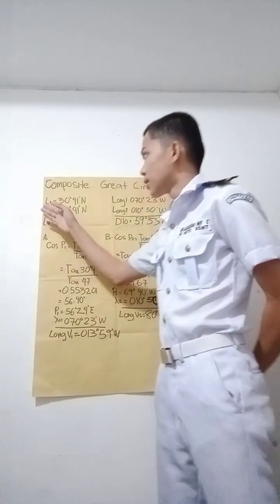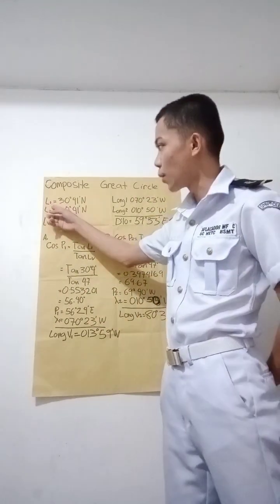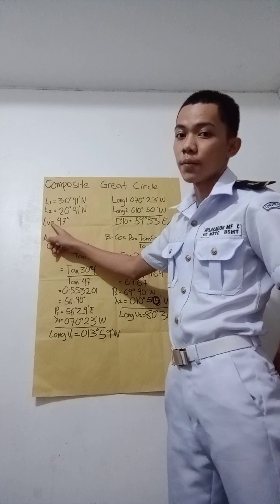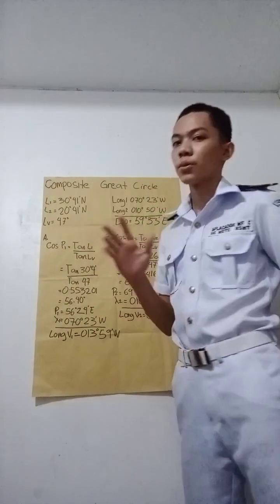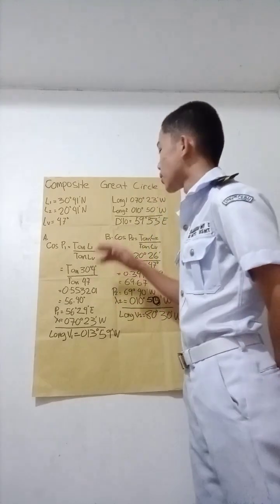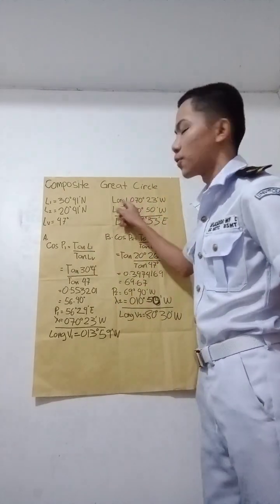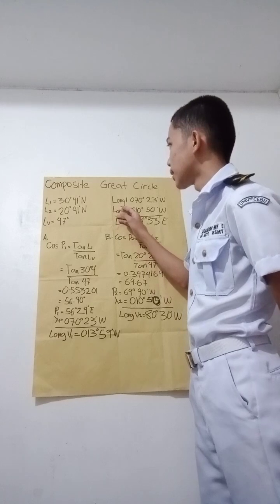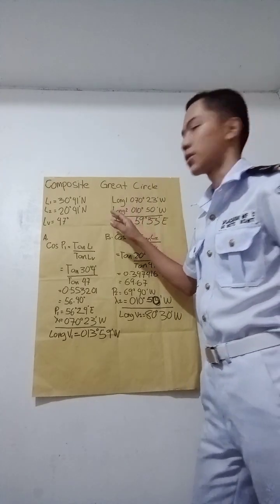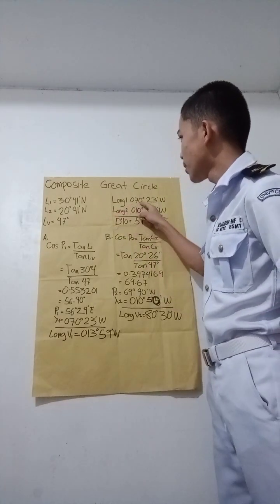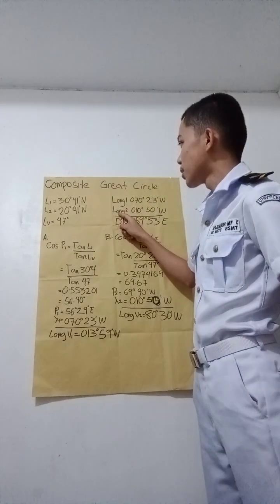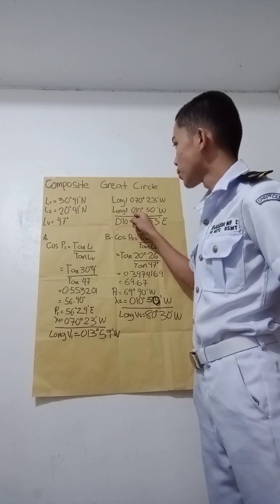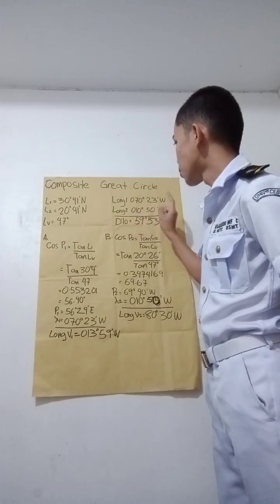So our given is the latitude 1, latitude 2, and our LB. So first we're going to find our DLO. To find the DLO, we need the long 1 and long 2. So our long 1 is 070 degrees 23 minutes west, and our long 2 is 010 degrees 50 minutes west.